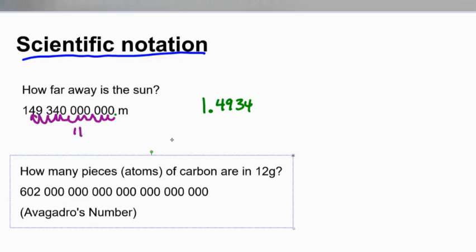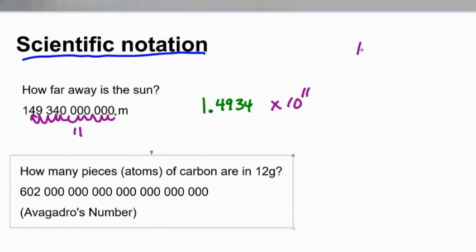So this number, if you were to multiply it by 11 tens, you would get 1.49 billion meters in this example. So when you have a really big number, all you have to do is figure out how many times you multiply it by 10.